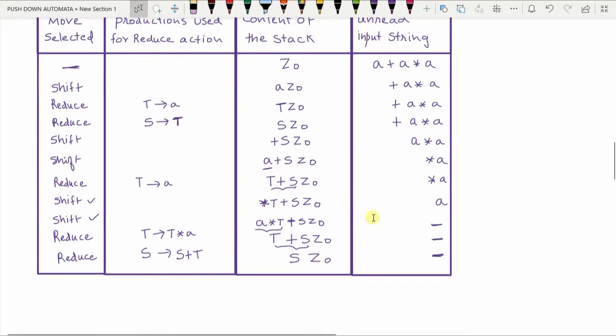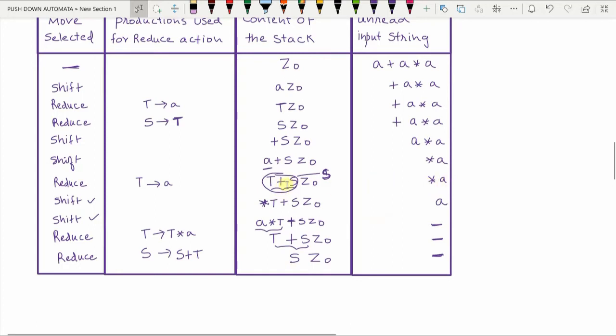Again I am telling you, I could have done the reduction here only. I could have reduced S plus T to S. But if I had done that, I would have reached the start symbol, no doubt, but my input string was yet to be read. There were some more elements yet to be read.